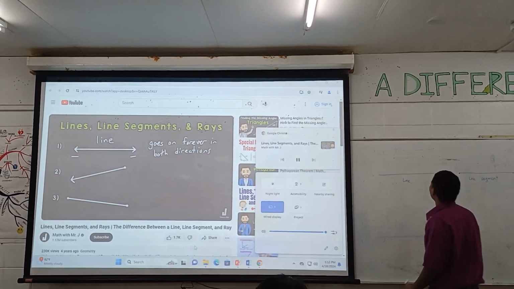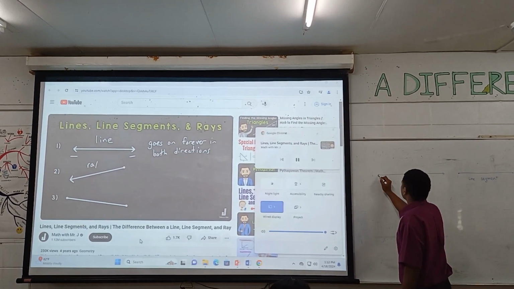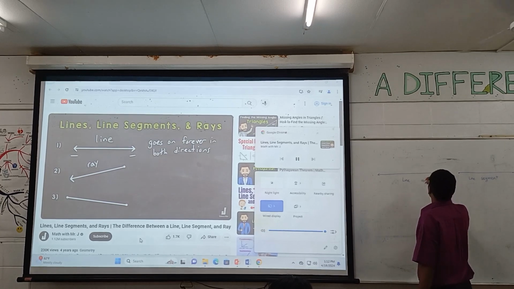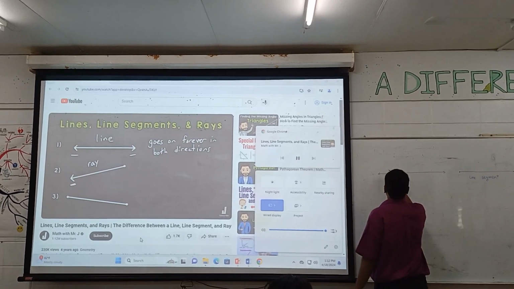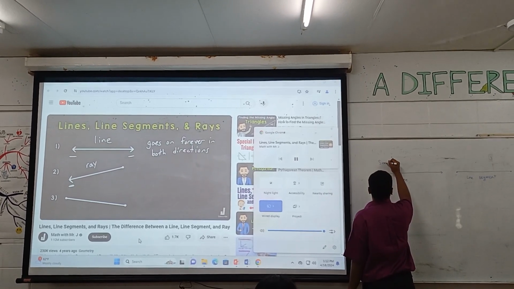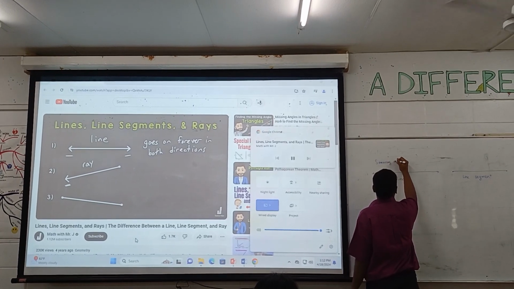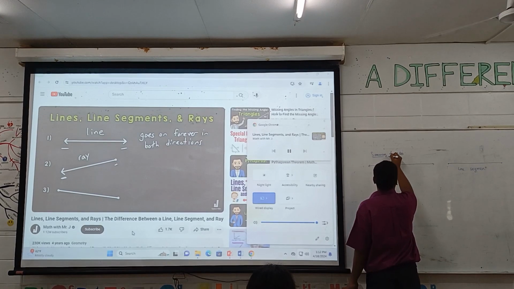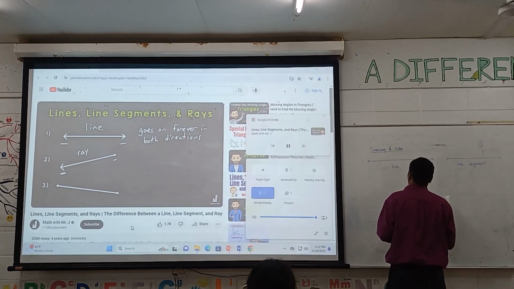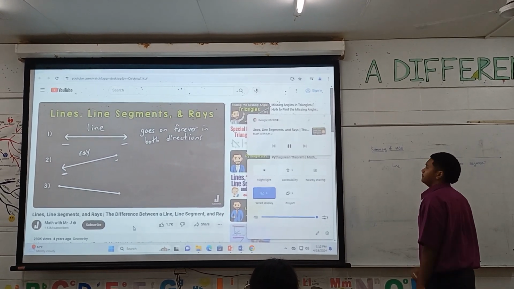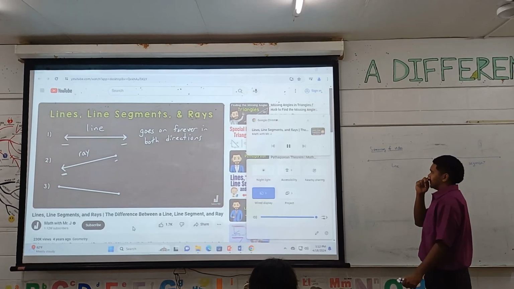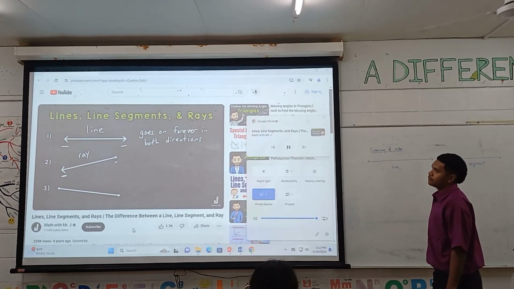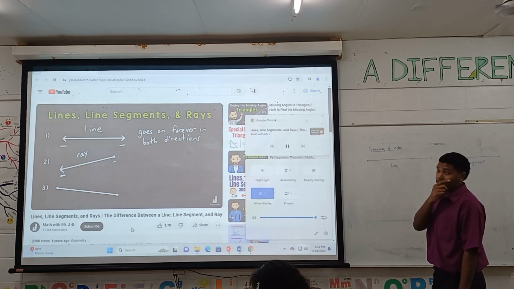Now, number 2, we have a ray. The arrow here of the ray signifies that part of the ray goes on forever. And this dot or point here signifies that it is an ending point. So a ray has a starting point and then goes on forever in the other direction.